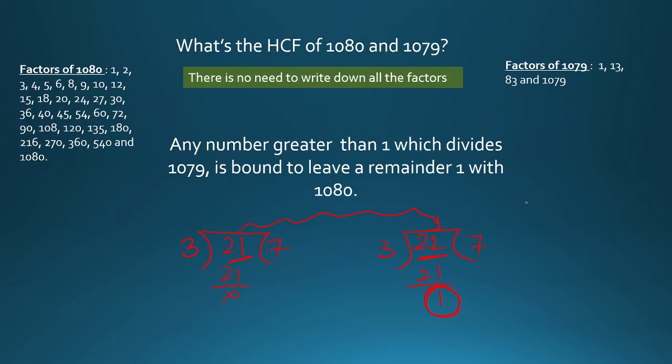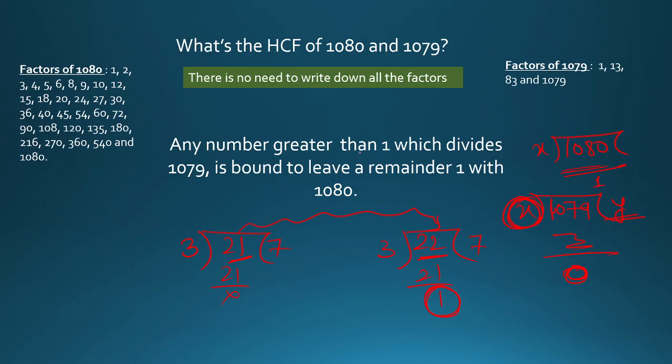So similarly, if any number x divides 1079 completely, there is no remainder, you have a quotient y. But if you use the same number to divide 1080, you are bound to have a remainder 1, isn't it?